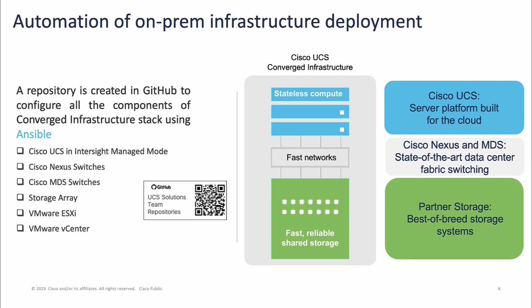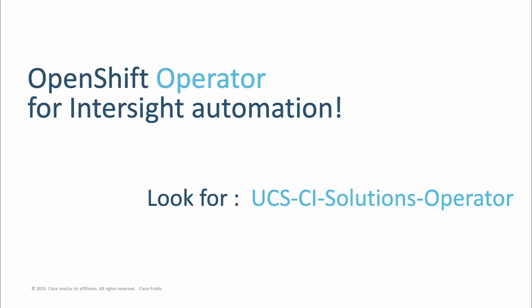End-to-end on-premise infrastructure deployment can be performed with Ansible. A repository is created in the UCS Solutions Team GitHub to configure all the components of the converged infrastructure stack. What we have also done is develop a Kubernetes operator leveraging the existing Ansible playbooks, which helps with easy CI stack deployment.